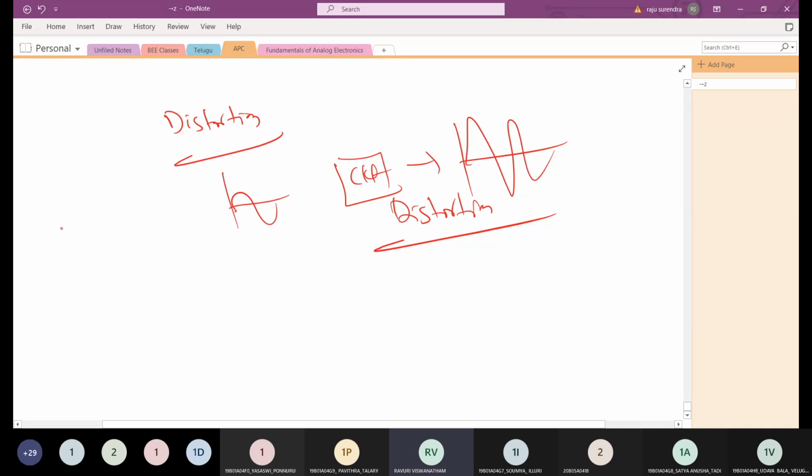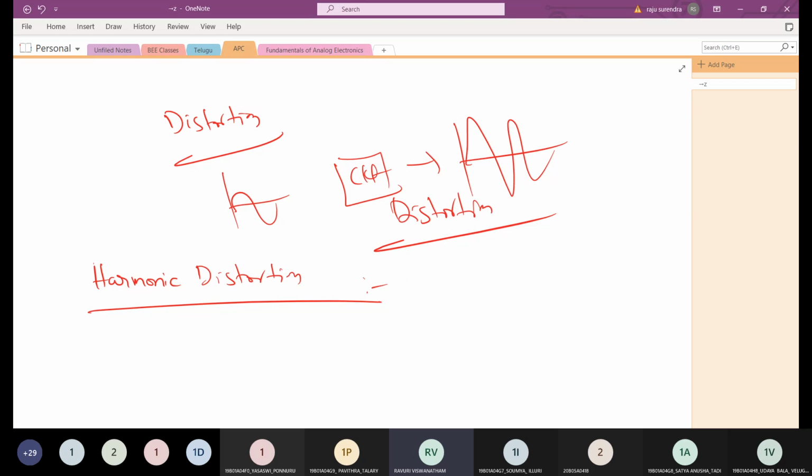Coming to harmonic distortion. You have applied an input signal and obtained the output signal.